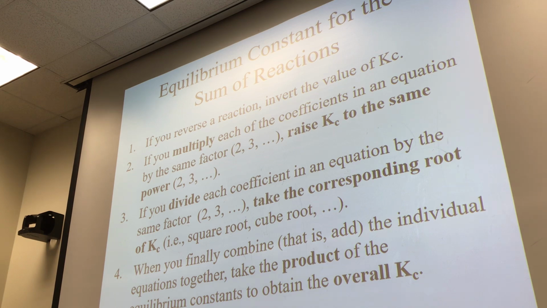This topic is called the sum of the reactions. You have multiple equilibrium reactions, and using those you can figure out the third equilibrium reaction with the constant values.